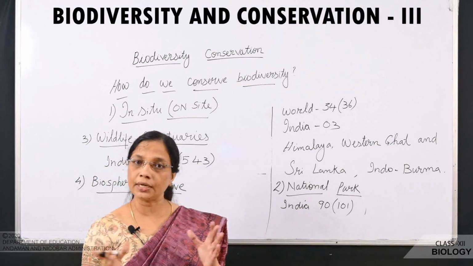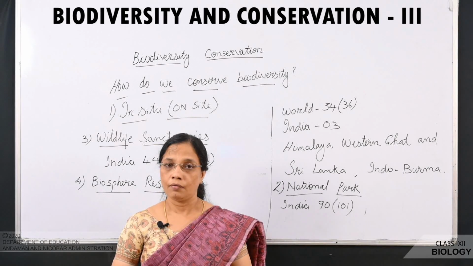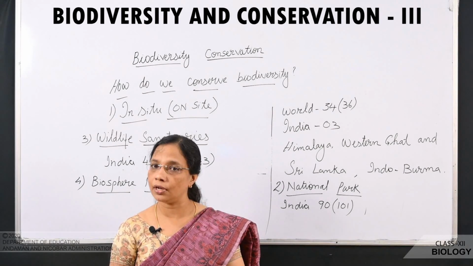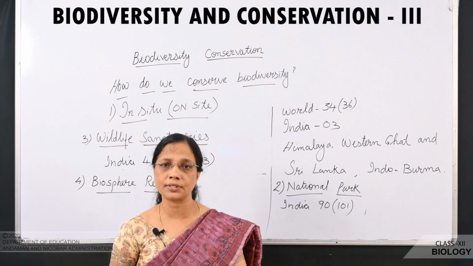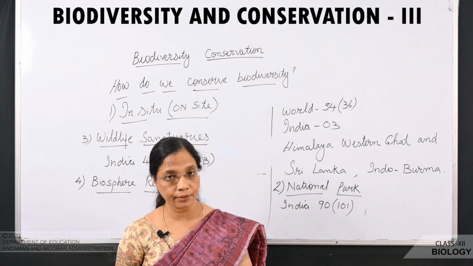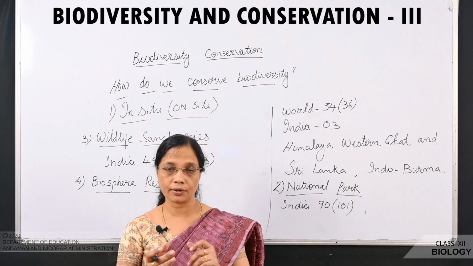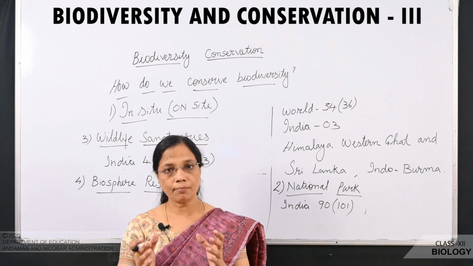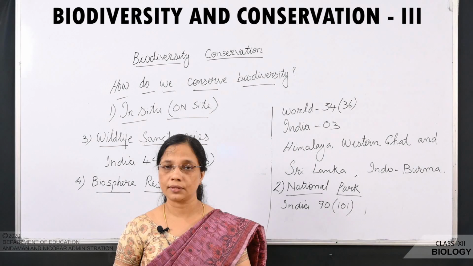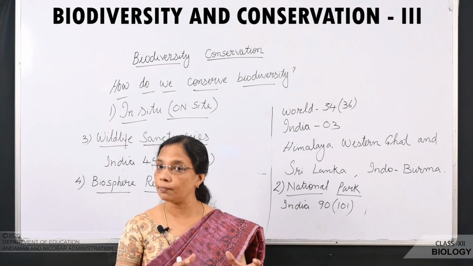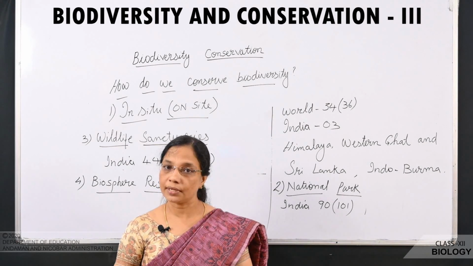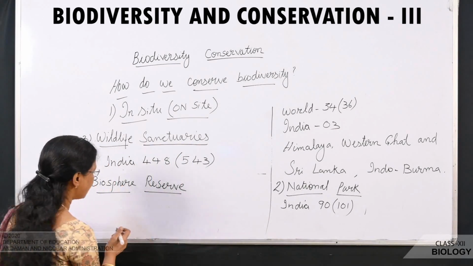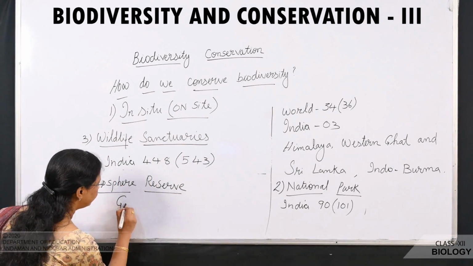Biosphere reserves are very large areas where you can see high level of species diversity, high degree of endemism, and here you can also see human components. In some biosphere reserves, national parks are also included. We'll take the example of Great Nicobar.